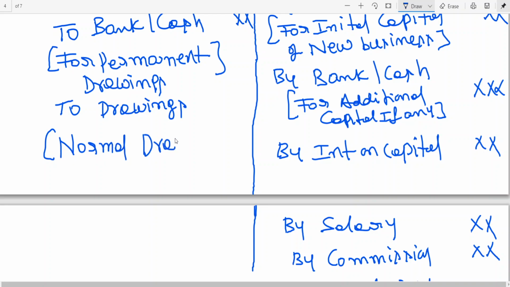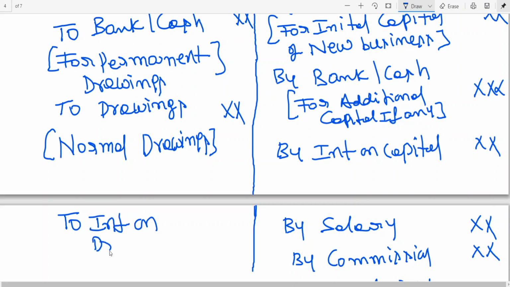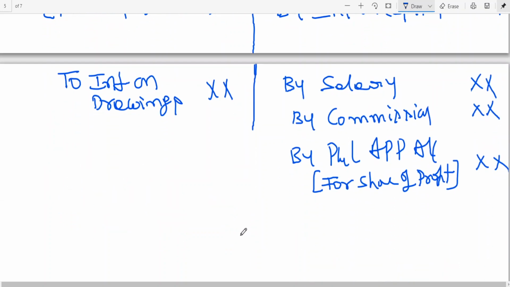I will explain the difference between these two. Normal drawings is drawings against profit or source of income. Then, after permanent drawings, we have interest on drawings. Okay, if credit side is more, you'll be writing to balance carried down.